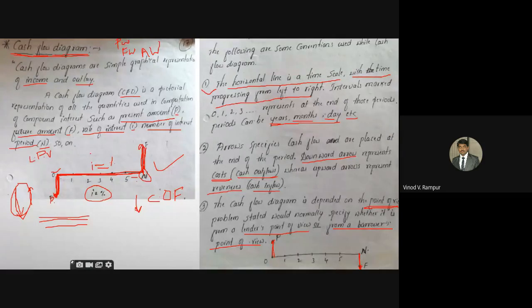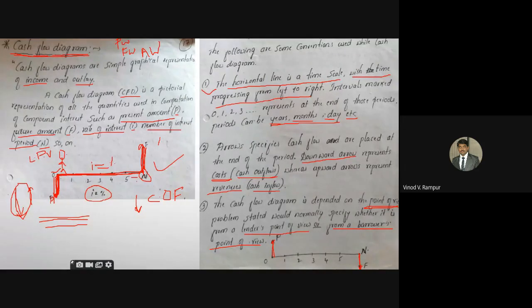Now we have to decide which one is the borrower point of view and which one is the lender point of view. Here a person is a lender, giving money, and the same person takes the money back after the period.